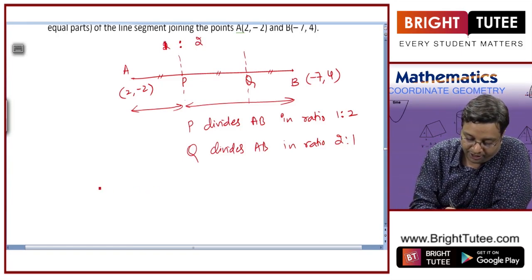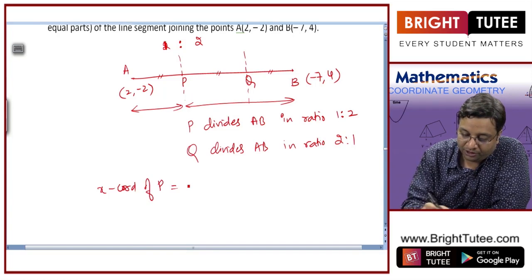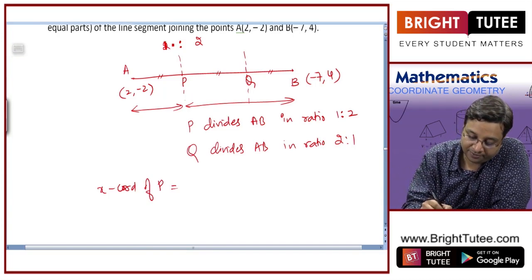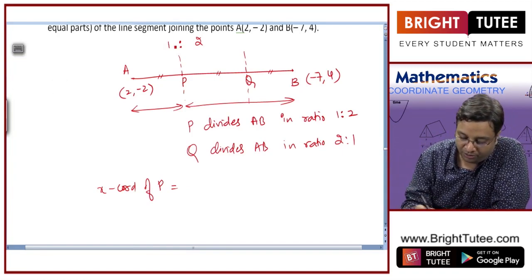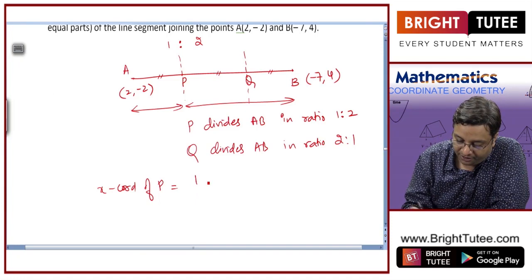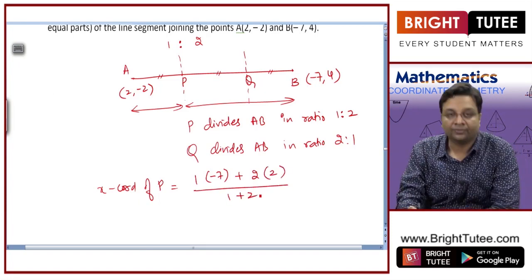So coordinates of P will be, x coordinate of P will be equal to, this is 1 is to 2, right? So we'll multiply 1 with minus 7 plus 2 with 2 divided by 1 plus 2, right?